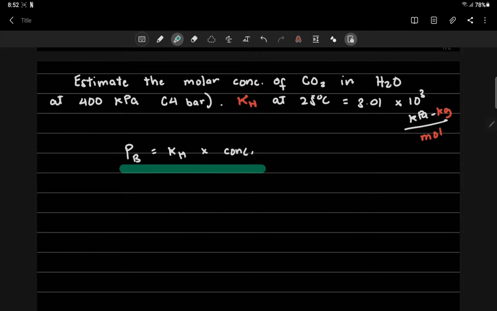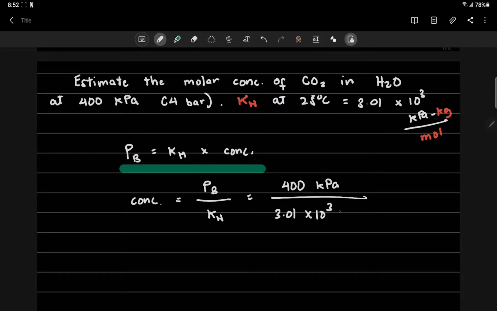So, ang gagawin natin is we wanna calculate the concentration. So, concentration is therefore equal to the partial pressure of B divided by the Henry's law constant. Okay, so that will be 400 kilopascal over we're given 3.01 times 10 raised to 3 kilopascal kilogram per mole.